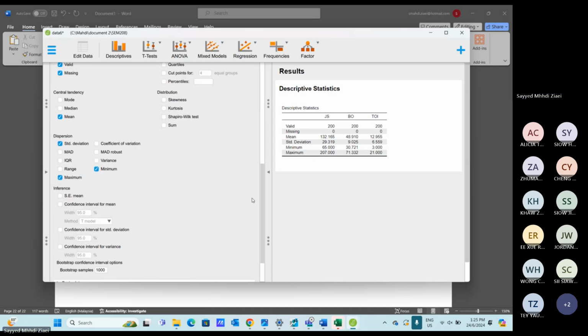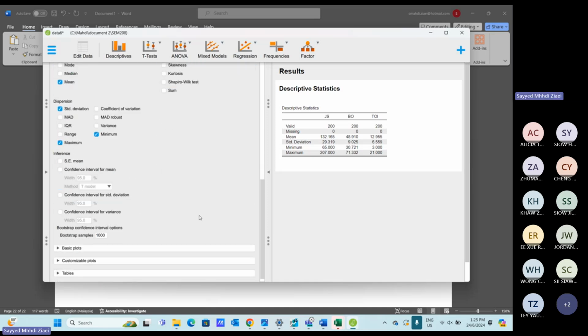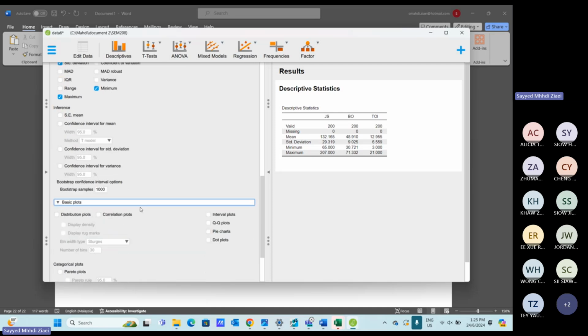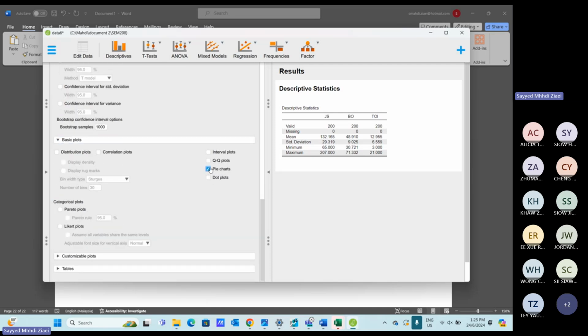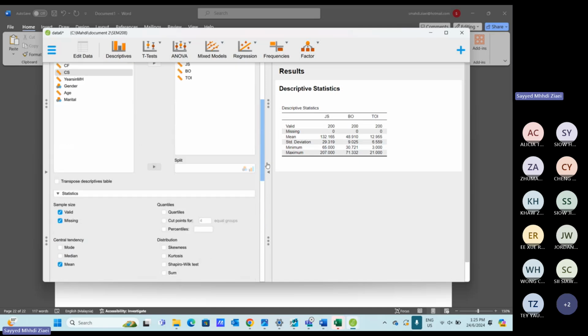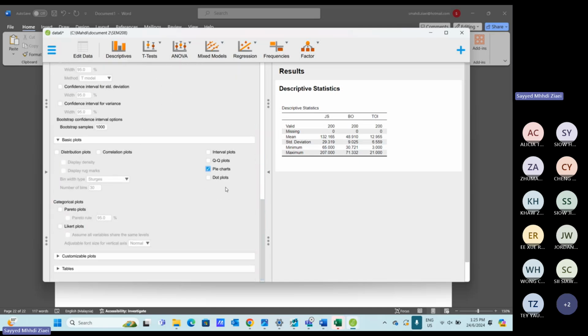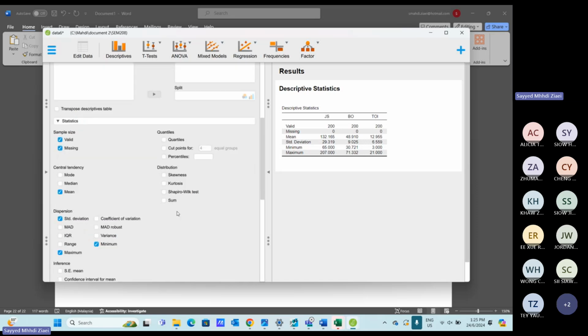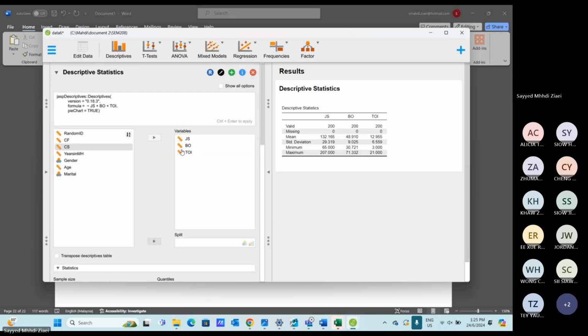I want to use a pie chart for this example, but it's not possible because we have 200 observations. How about Likert? Likert is not possible because this is not a scale variable. Anyway, I want to use it for regression.